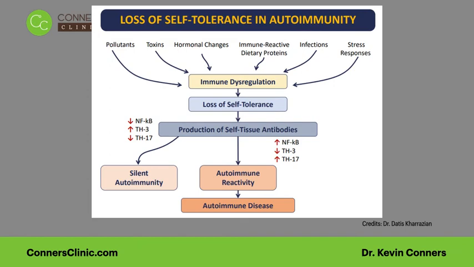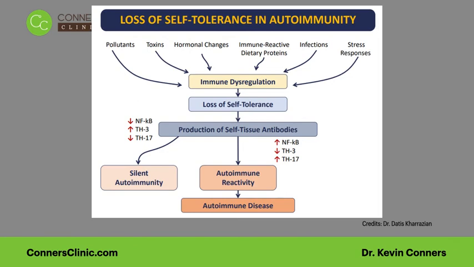If you look at the left of the screen, you have a lower amount of NF-kappa beta, a higher amount of Th3, remember that's your Treg cells, and a lower amount of Th17, which, if it was higher, would be hyperstimulation of inflammation. So you have a lower amount of inflammation, a greater amount of Treg cells, a lower amount of NF-kappa beta inflammation.